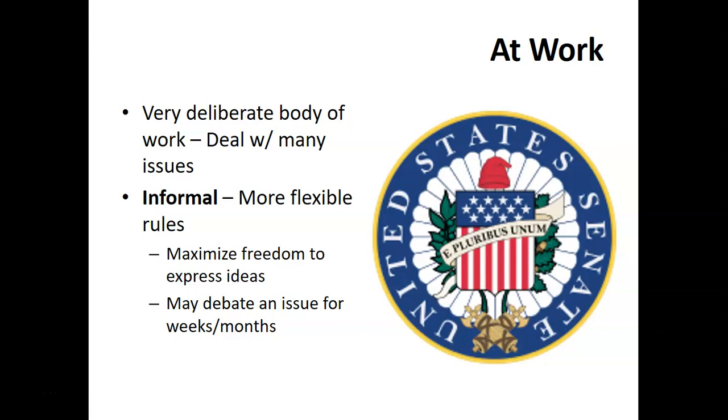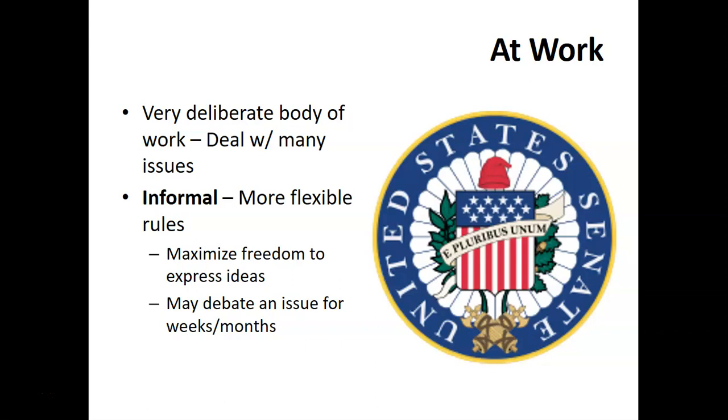So it deals with a lot of different issues. It takes its time. So therefore, since it's taking its time, they can be a little bit more flexible in the rules that they're using because they need to be able to freely express their ideas because you're talking about things in a little bit more detail, and so forth.